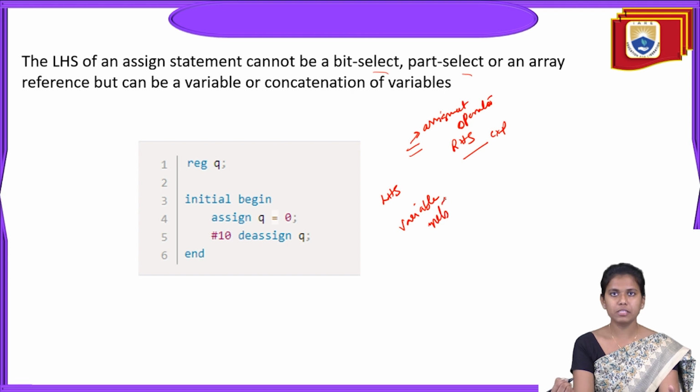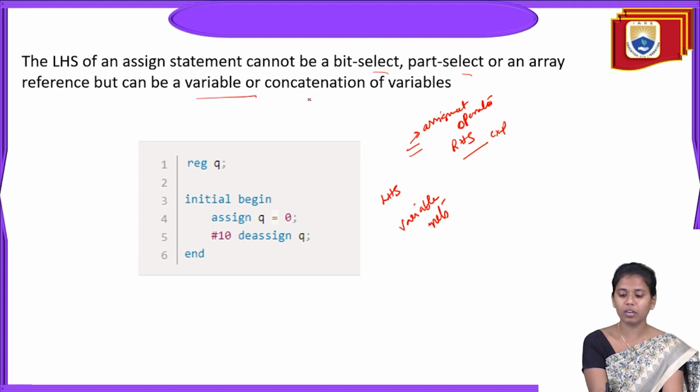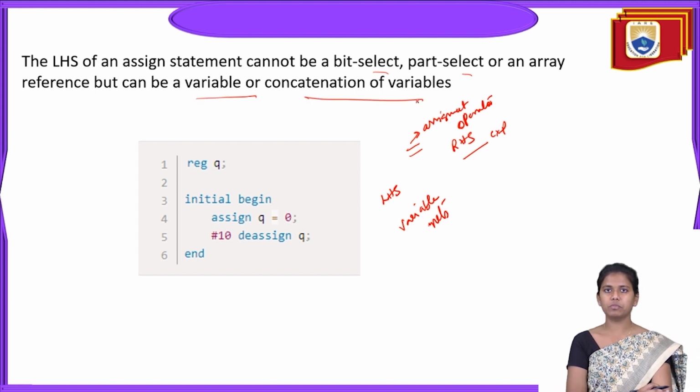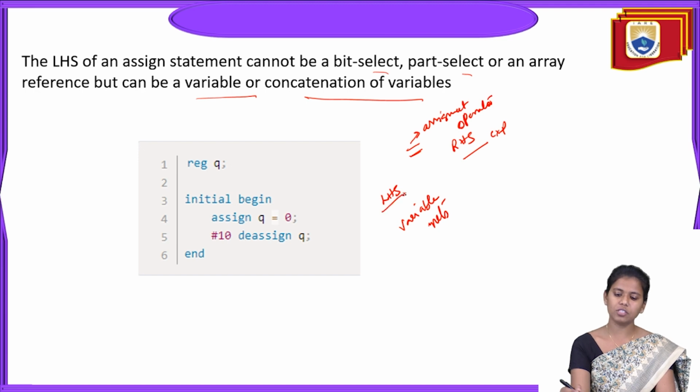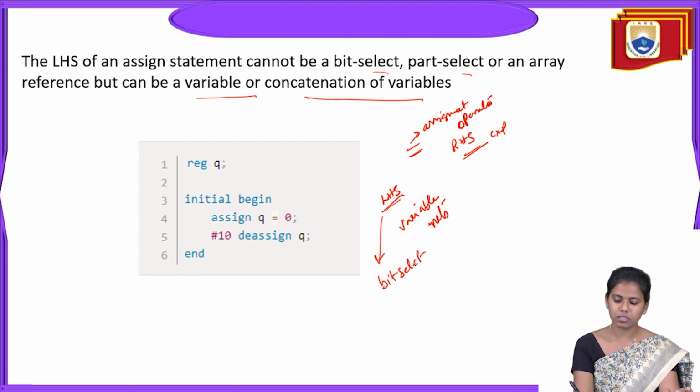As per this, the LHS of the assignment statement cannot be a bit select, part select, or an array reference, but it can be a variable or a concatenation of variables. In the assignment, equal to is the assignment operator. To the left of the equal to, we have the LHS. To the right hand side, we have the RHS, which holds the expression. So on the left hand side, we don't have the bit select or part select.